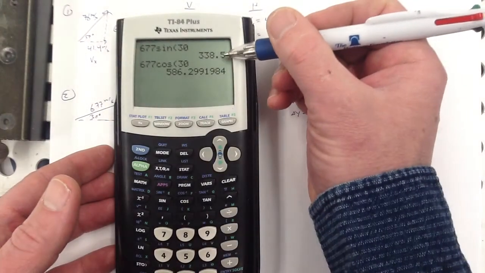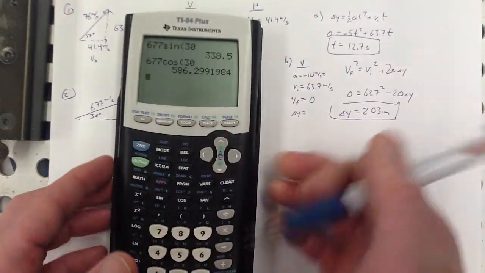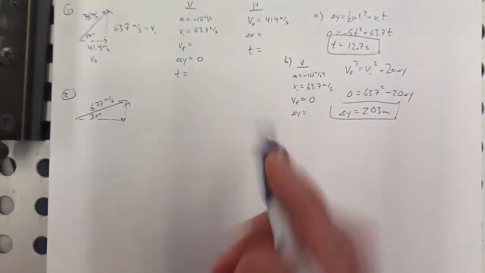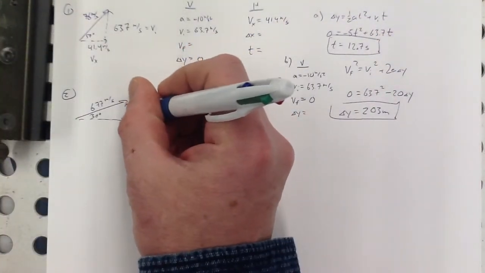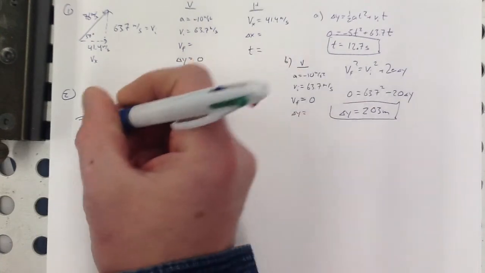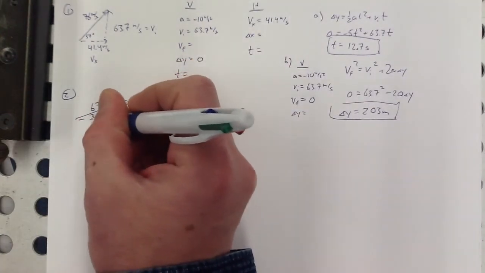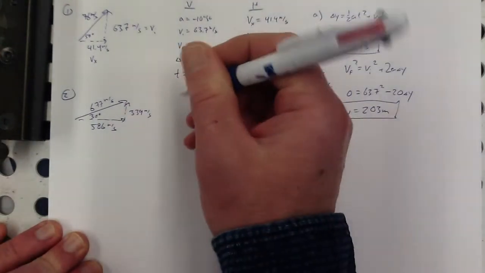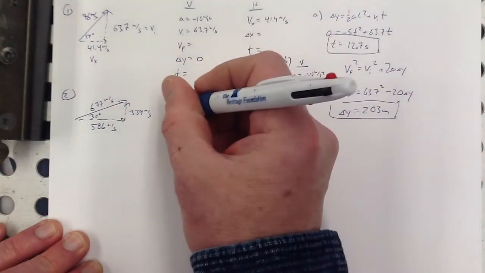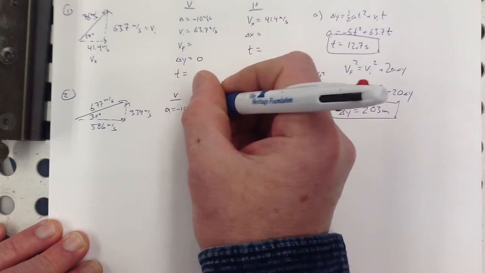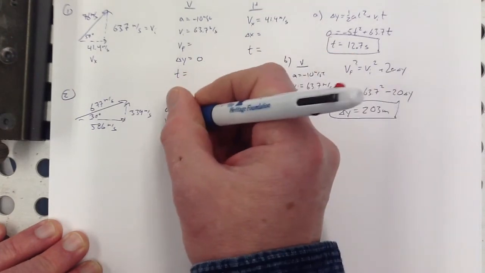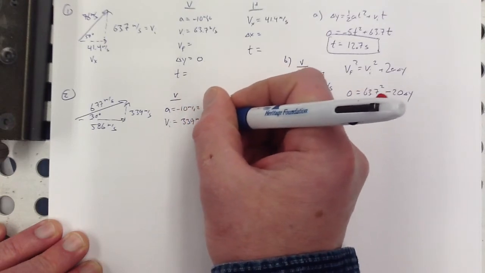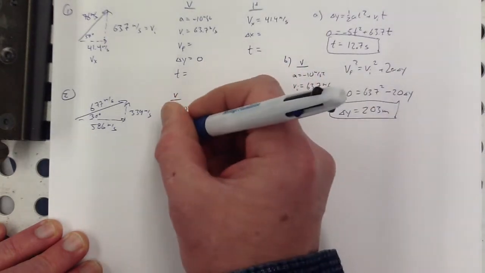So I'm going to call that, let's go 3 sig figs, 339 and 586. In the vertical direction, this is my initial vertical velocity.